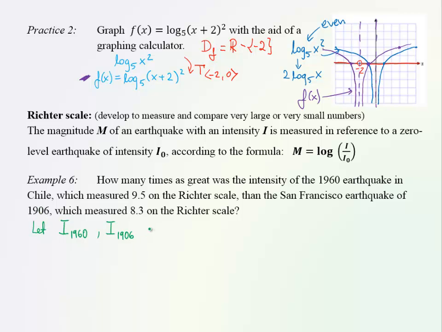So let this be the intensity of quakes in 1960 and 1906 correspondingly.